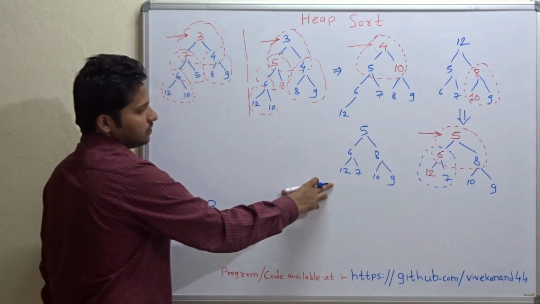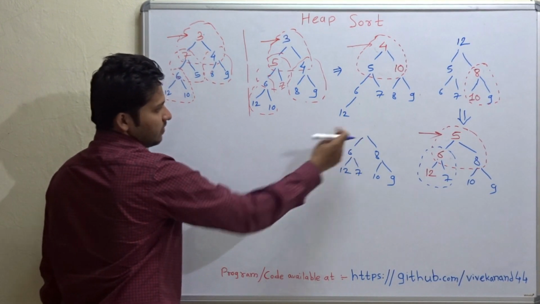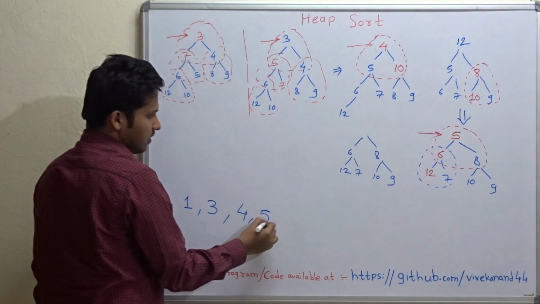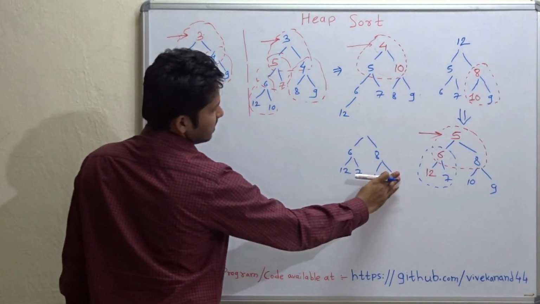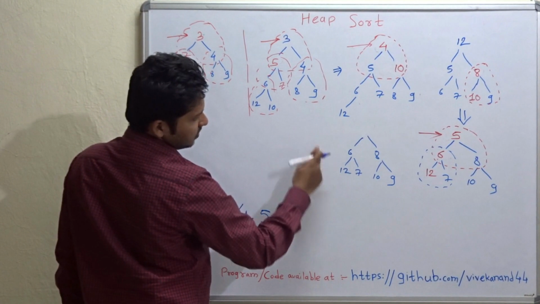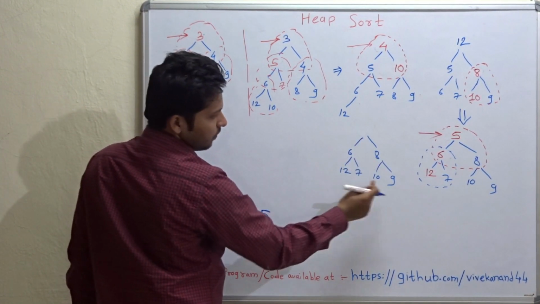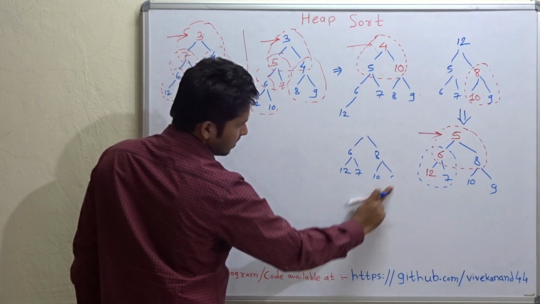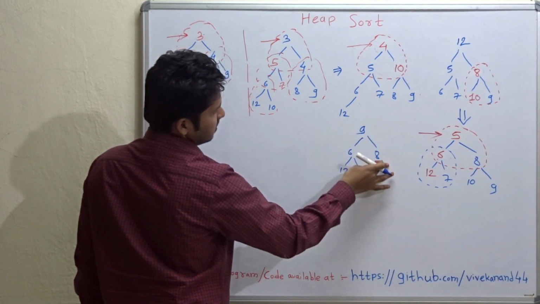So now, as this is the heap, the root element will be the next element in our sorted array, and you will replace it with the last element. As you know the numbering, 0, 1, 2, 3, 4, 5, 6. This is the last element we have taken.